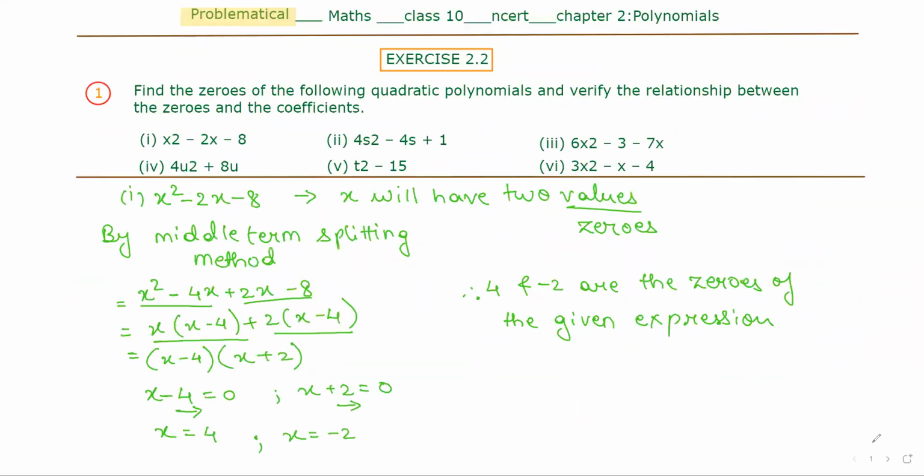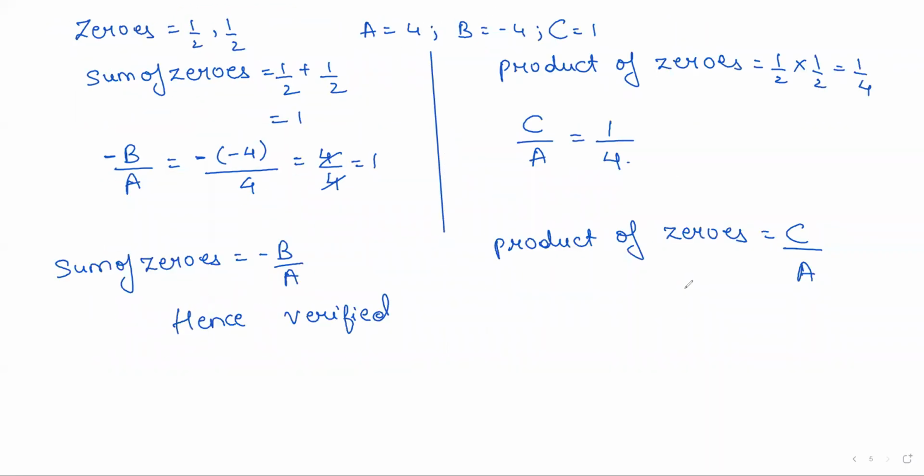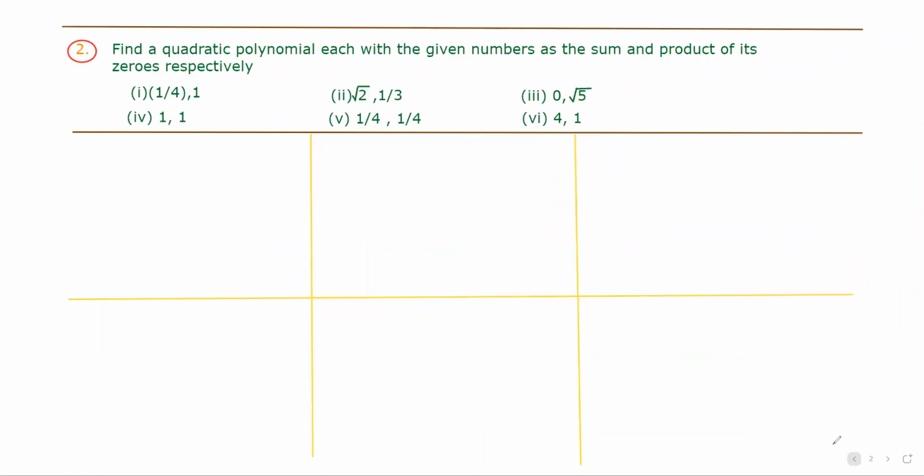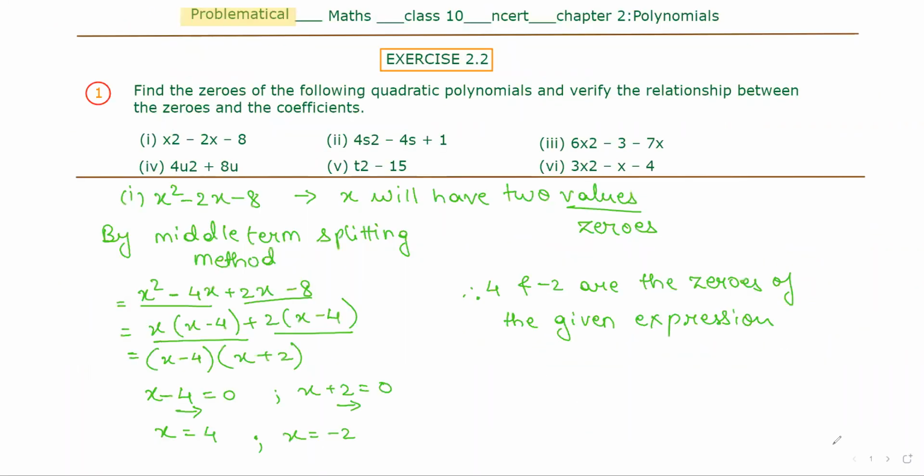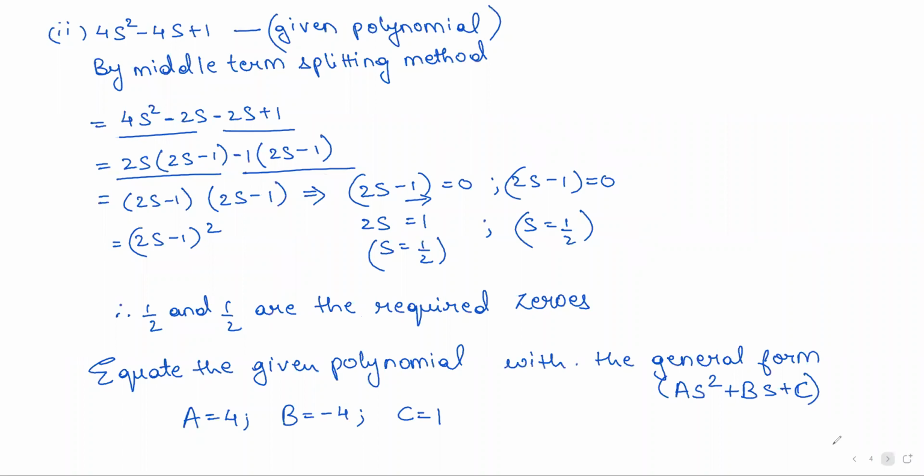The next expression is 6x squared minus 3 minus 7x. Six x squared minus 3 minus 7x.